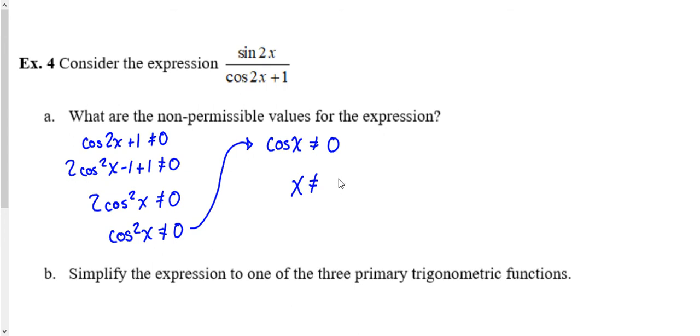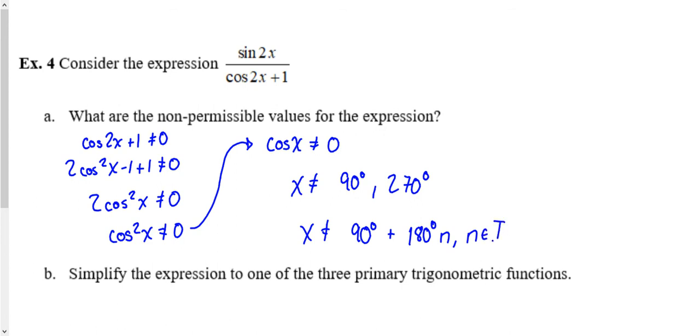It's going to be at 90 degrees and at 270 degrees. That's where cos is equal to 0. So I can say x cannot equal 90 degrees plus 180 degrees n, where n is an element of an integer, and that will help us list off all our NPVs.